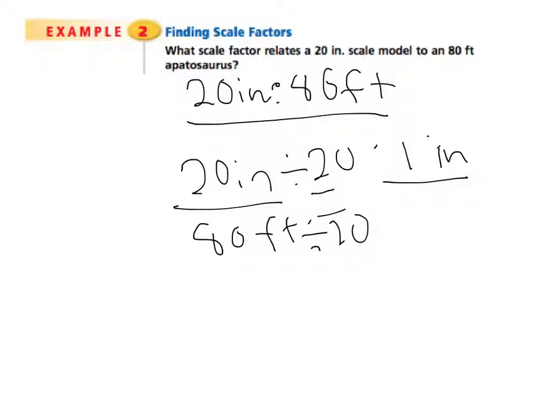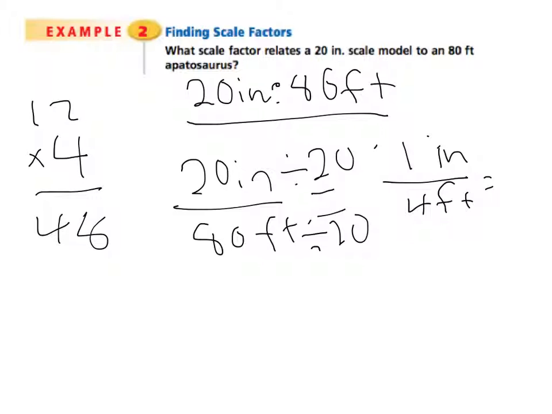inch over 4 feet. And then we have to ask ourselves, for inches and feet, how can we convert this? Well, we know that 12 inches is 1 foot. So 4 feet, so 12 times 4 is 48. So then we have 1 inch over 48 inches.